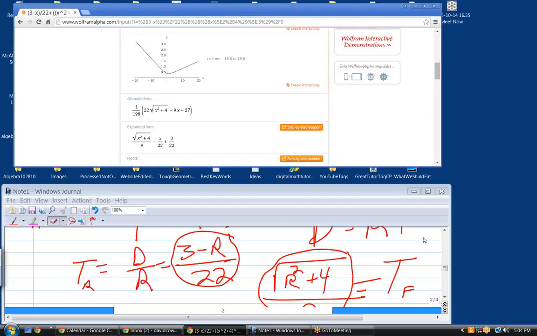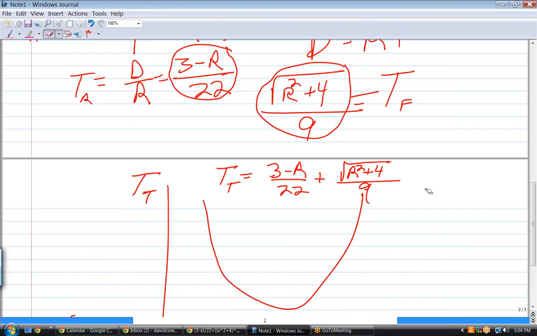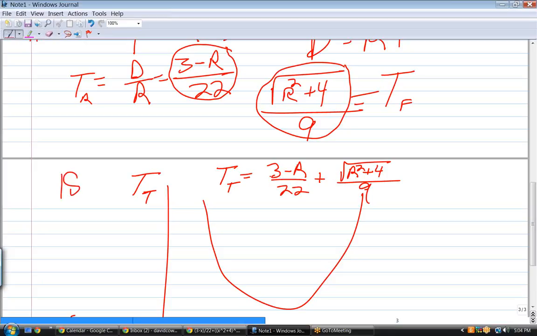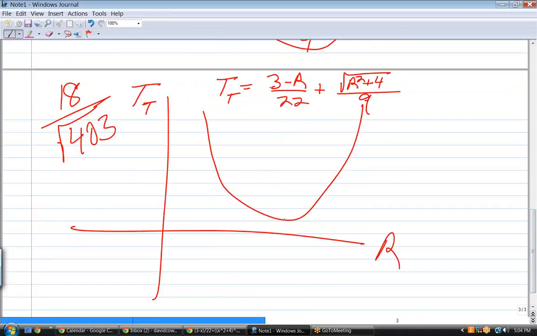So I'm not sure how she wants you to come up with that answer, which is 18 over square root of 403. And what that is, the x coordinate. No, that's the r coordinate, actually. In other words, that's r.